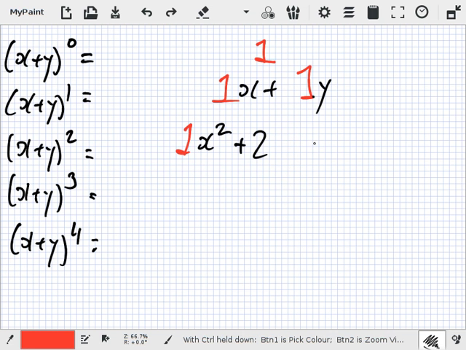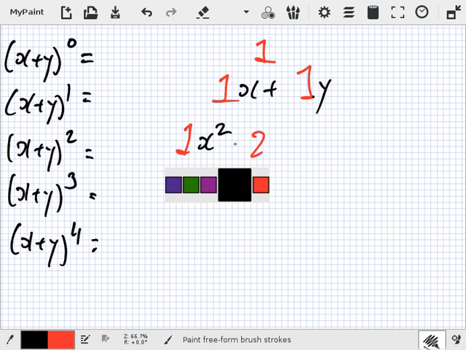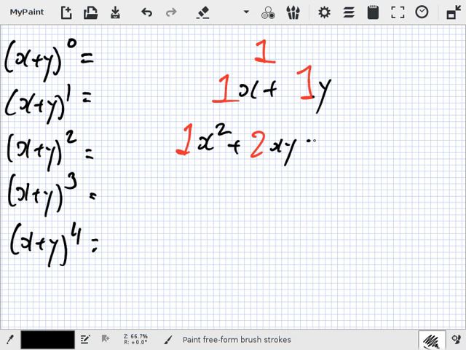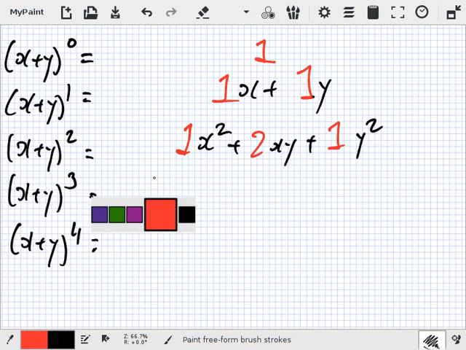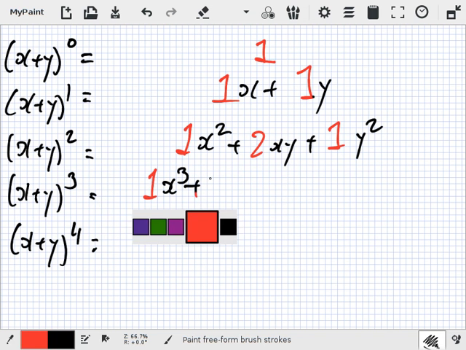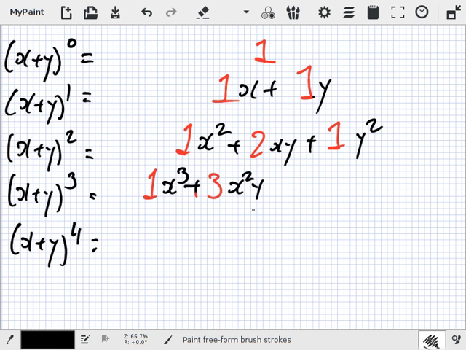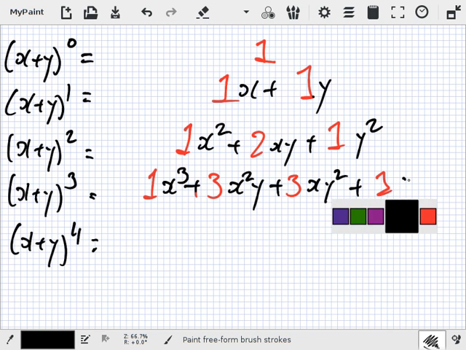plus 1y squared. If we cube this one out, we'd get 1x cubed plus 3x squared y plus 3xy squared plus 1y cubed.